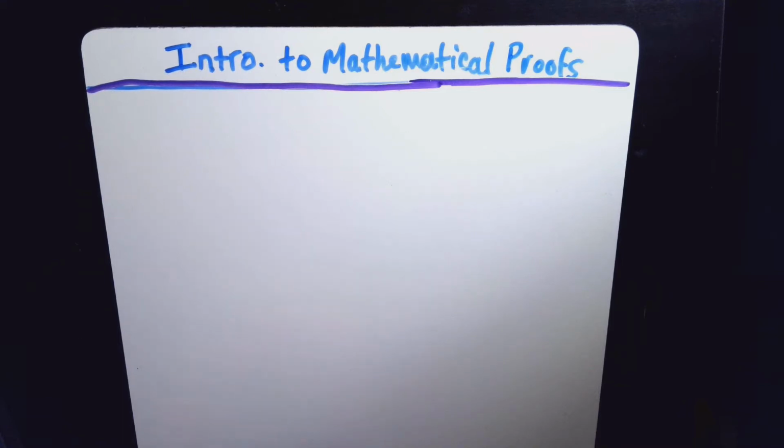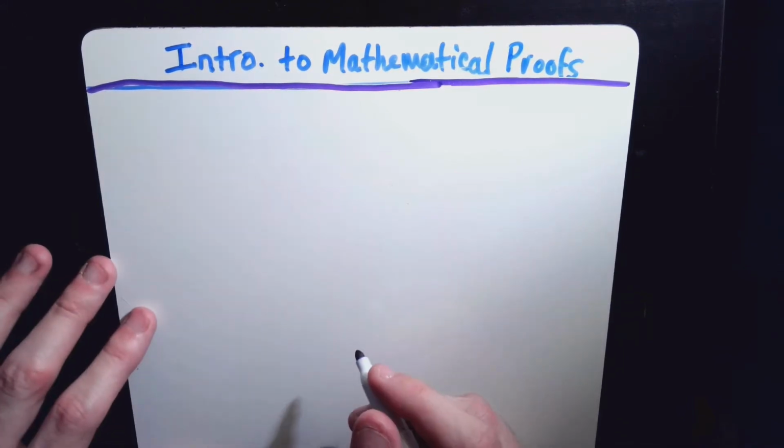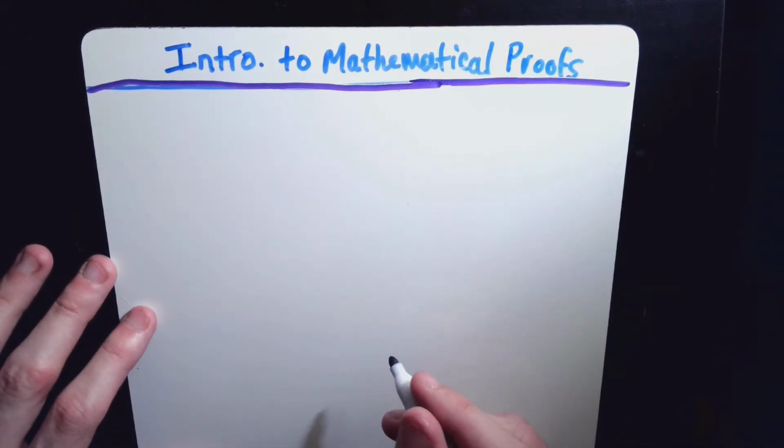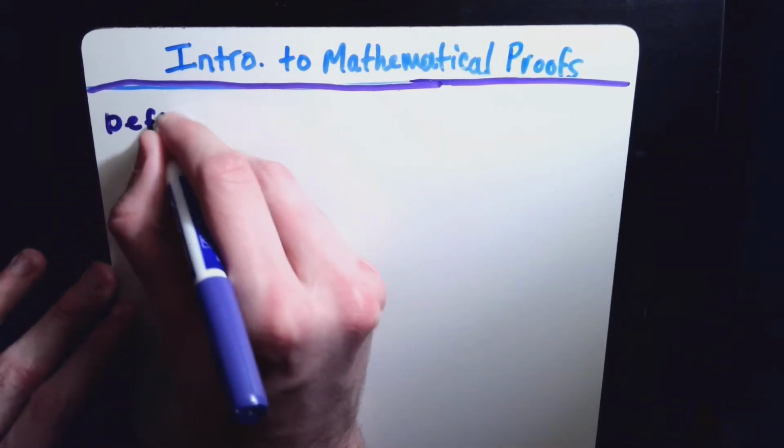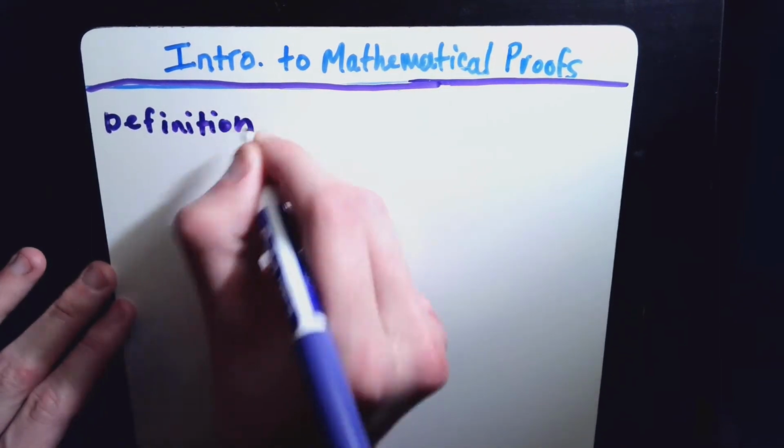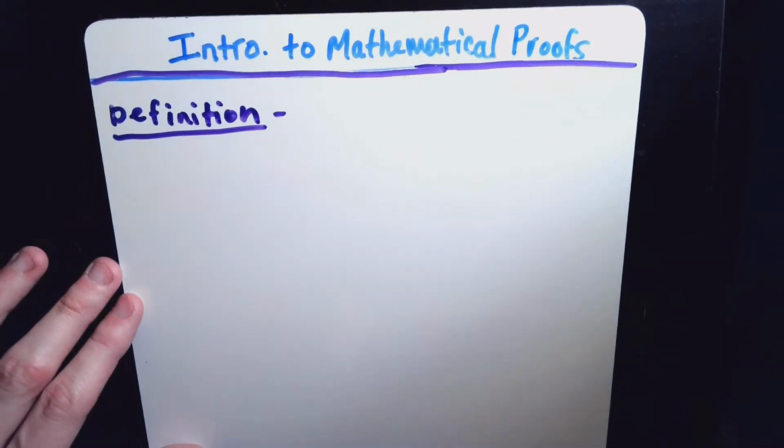Let's begin by building up some basic terminology to help us deal with some very basic mathematical proofs. So just to begin, let's define even and odd numbers.